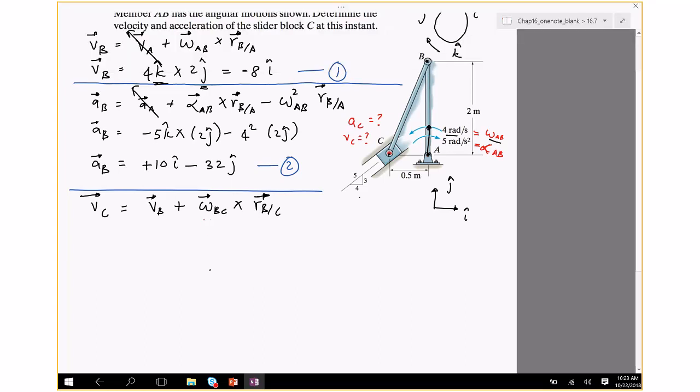Omega BC is unknown. Velocity of C is unknown. Velocity of B is known. Can we find B to C? Yes, we can, so let's find that first.